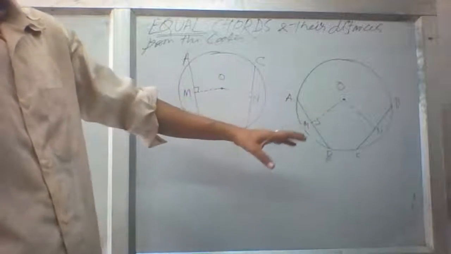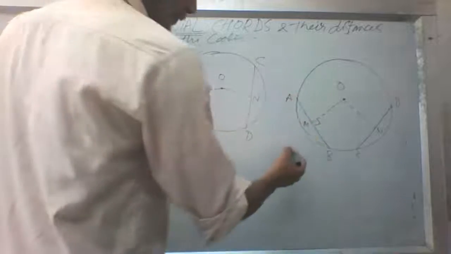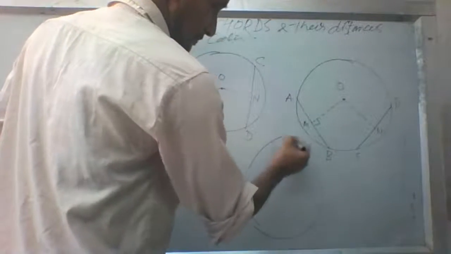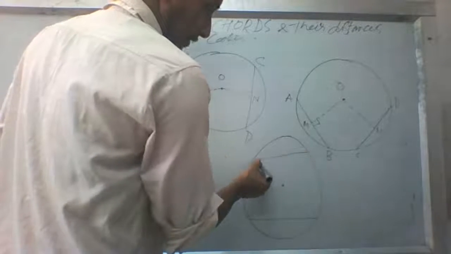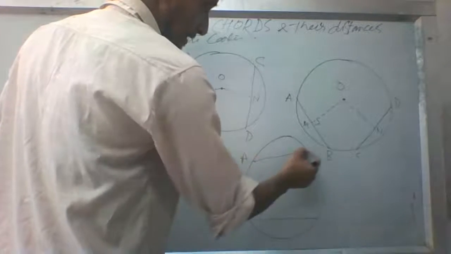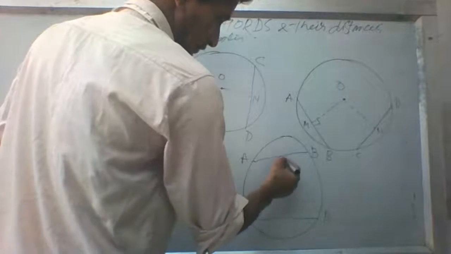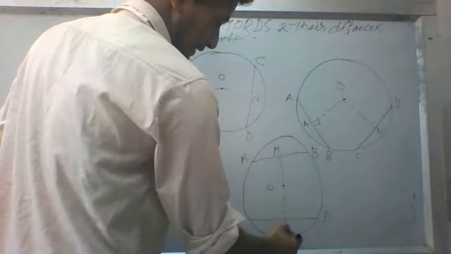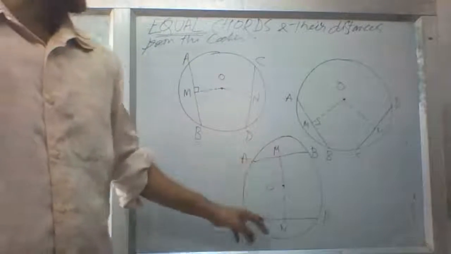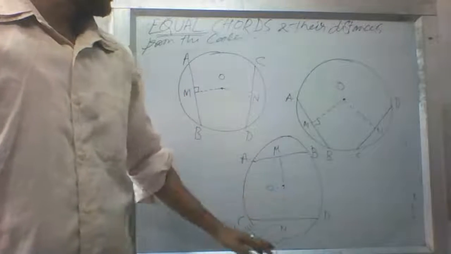So equal chords can be drawn like this also. One more circle. This is a center O. This is a chord and this is a chord. A, B, C, D. Center O, perpendicular, perpendicular, M, and N. These are also two equal chords. And any type of diagram can be seen in the examination.